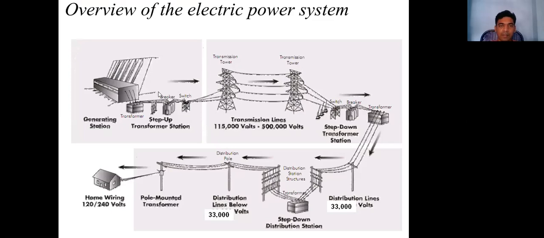Here we use a step up transformer, here a step down transformer. Here also step down pole mounted transformers. This is also a step down transformer. So in transmission and distribution, we use transformers.